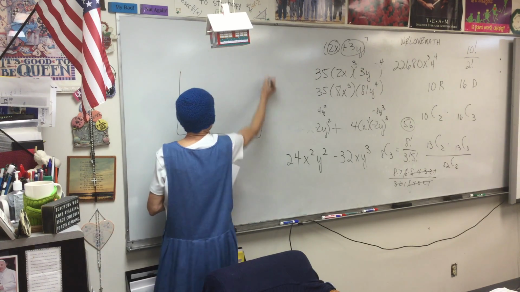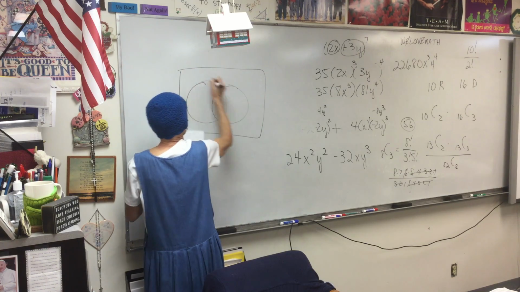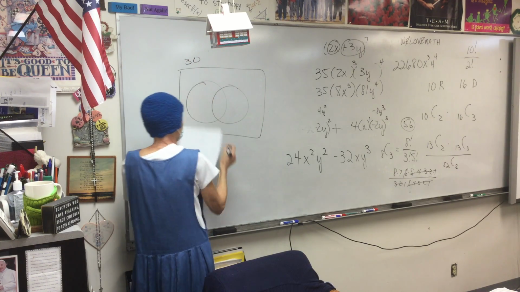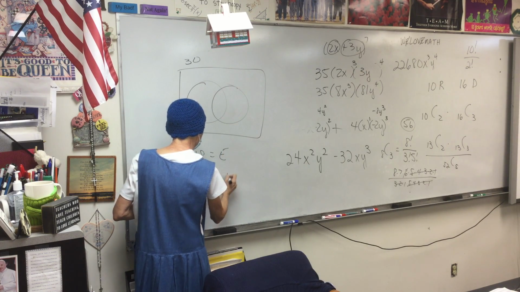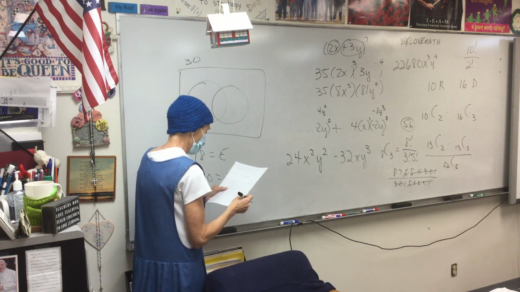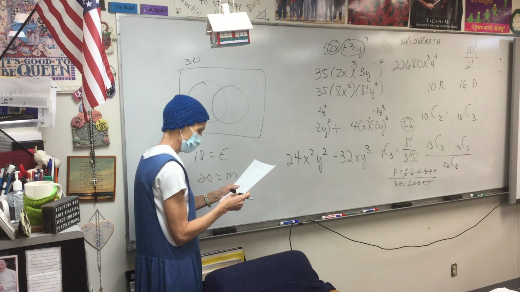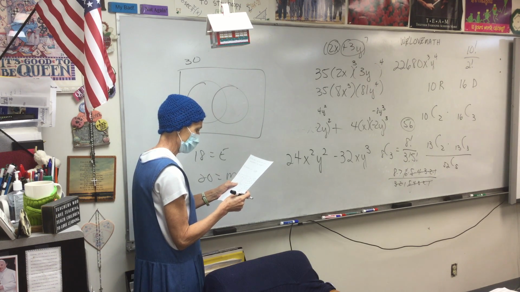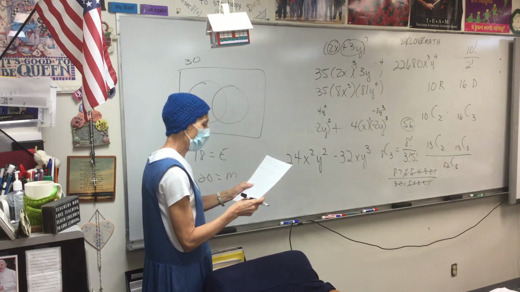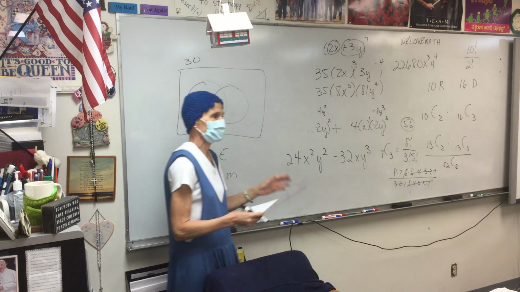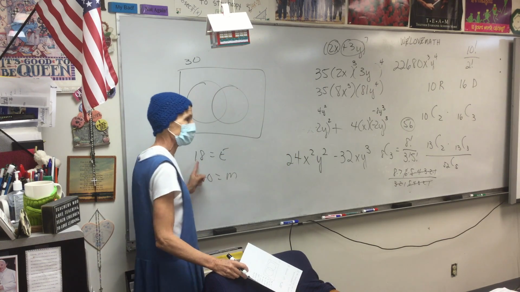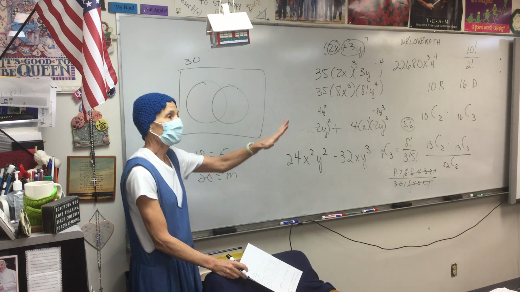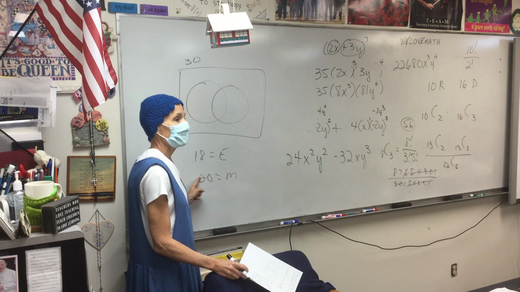Now we have 30 students in our class. 18 like English, 20 like math. All of the students like at least one of the subjects. So now stop and think. How many kids is that? 38.